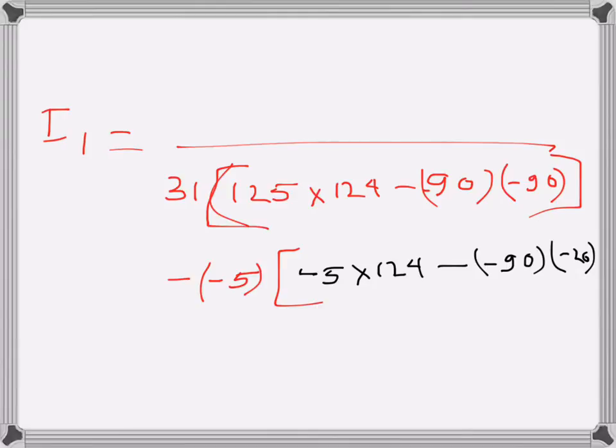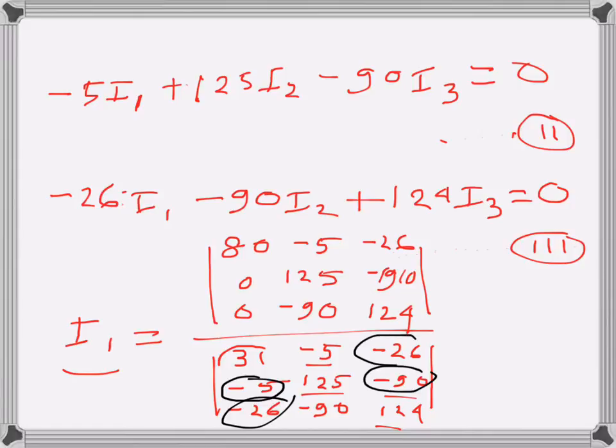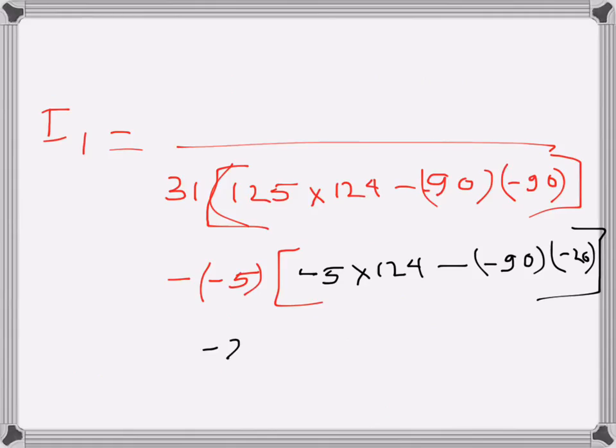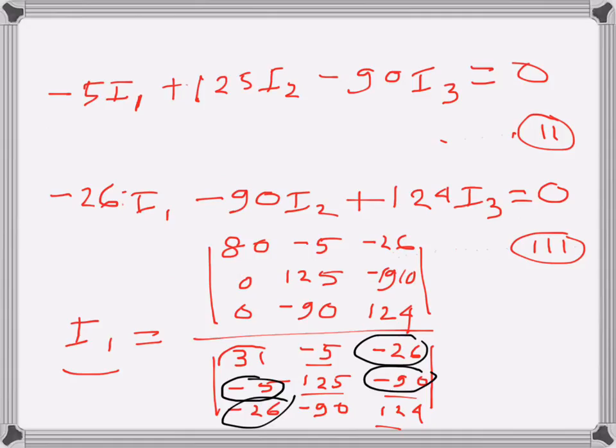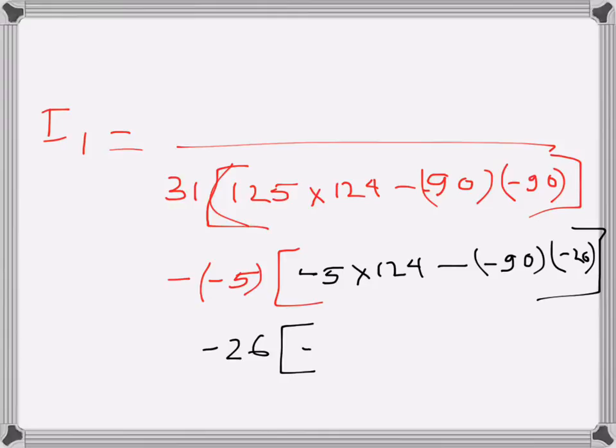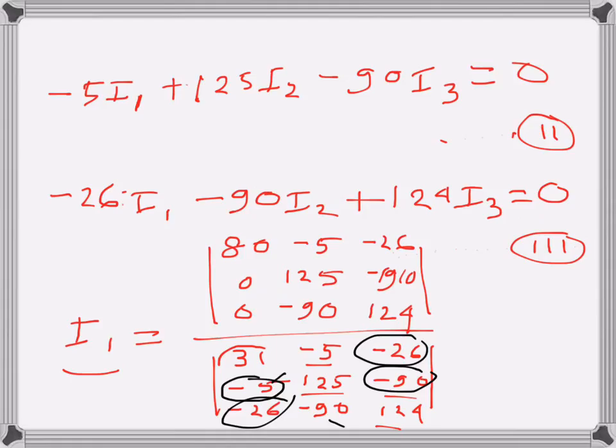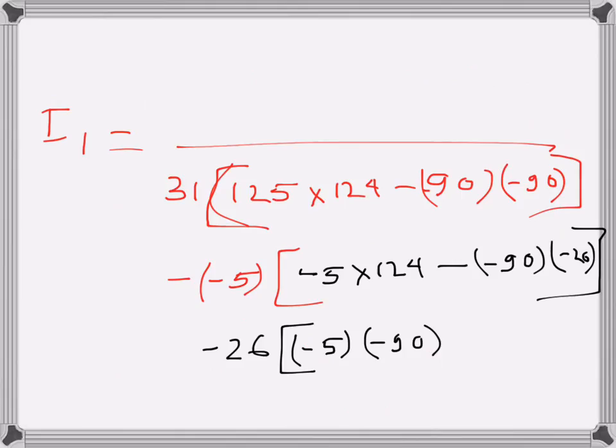And finally we have the third one, which is minus 26, and then we have to do minus 5 times minus 90, and then finally minus 125 times minus 26.